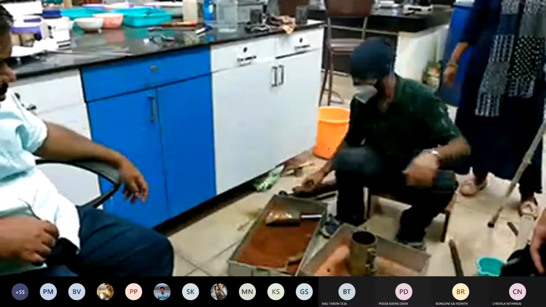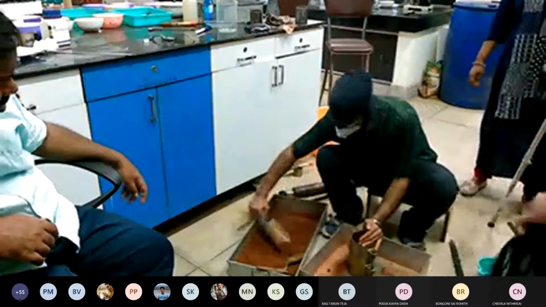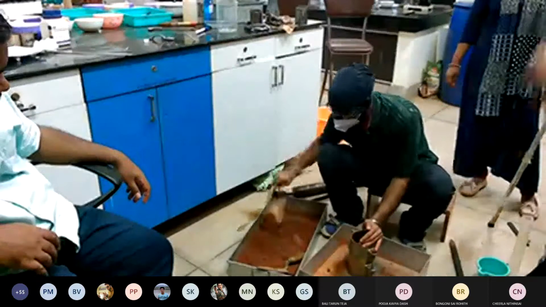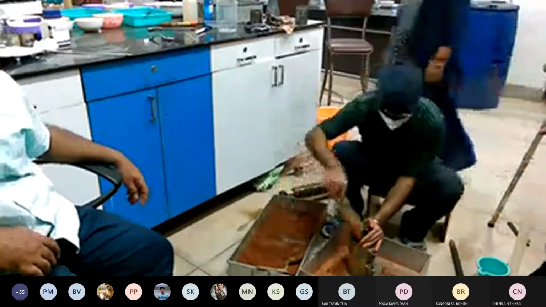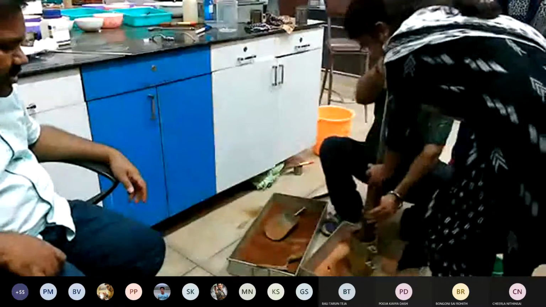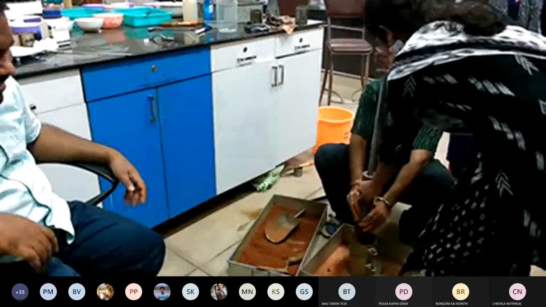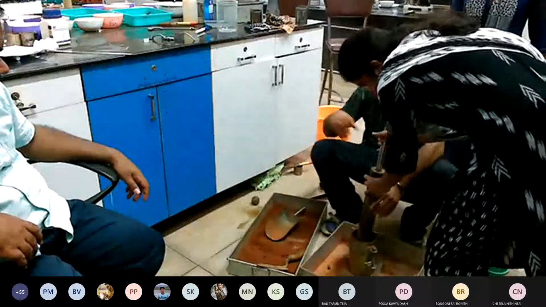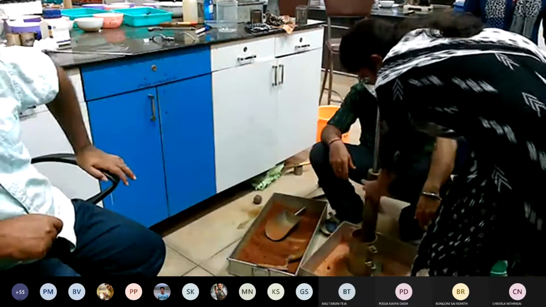So we will scratch the surface and then fill it with the second layer of soil. Okay, so again 25 blows on the second layer.